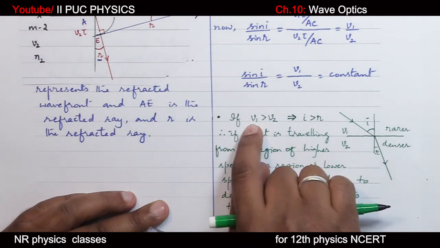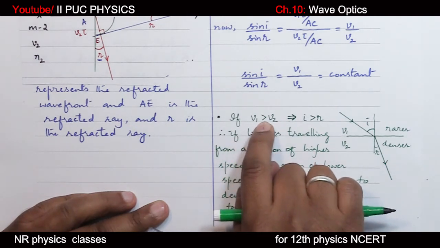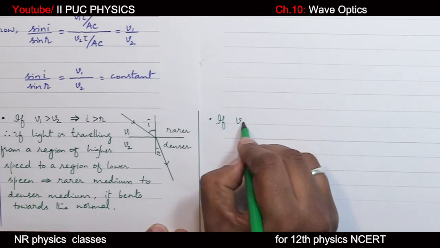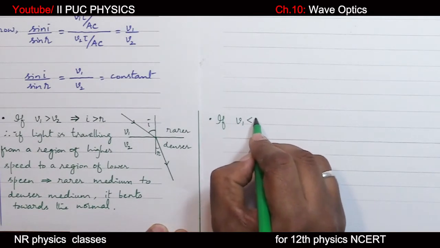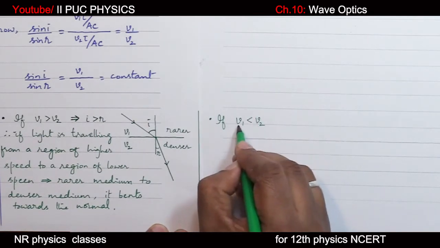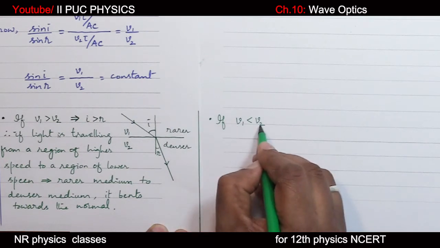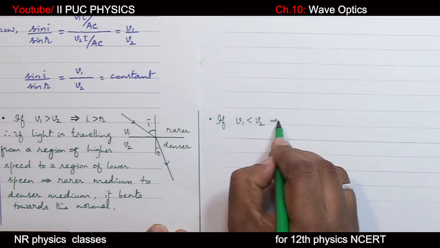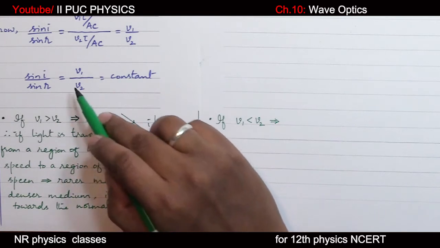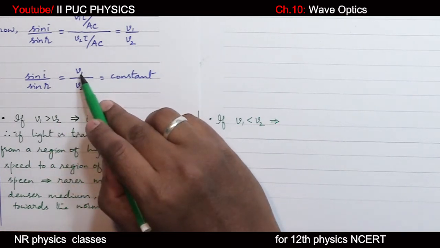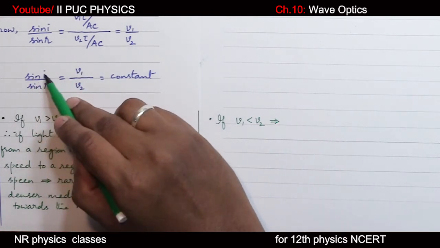Now let us discuss the second case where V1 is less than V2. V1 less than V2. Speed is less means denser medium, then rarer medium. Implies, see here, V1 less means numerator is less. Sin I should be less.